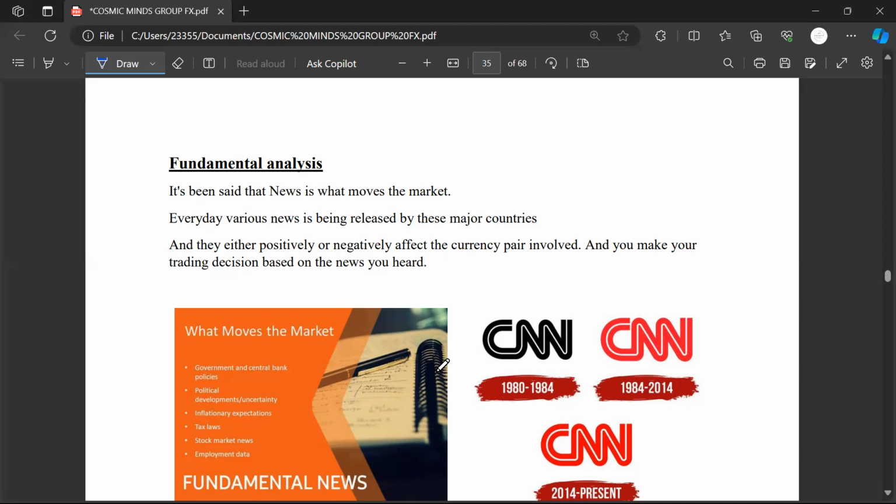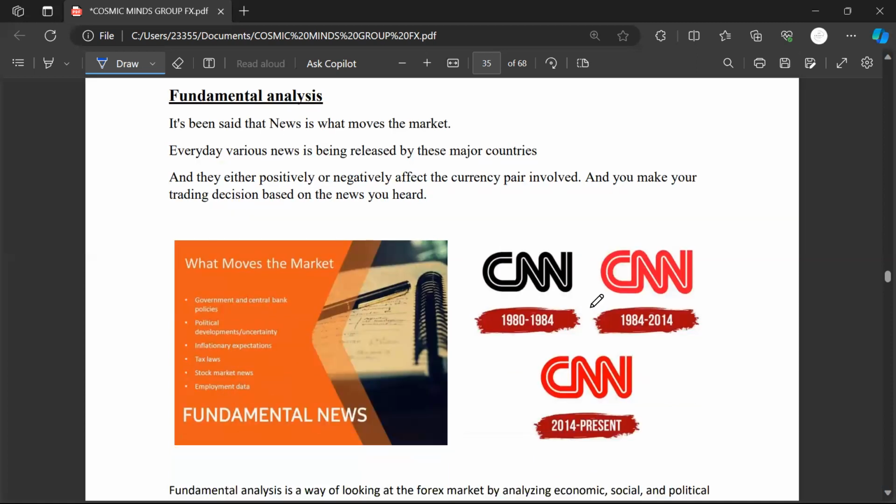Now every day, various news is being released by these major countries, and it either positively or negatively affects the currency pair involved, right? And you make your trading decision based on the news you heard. But I'm telling you that many a time it affects traders negatively because they are going to lose many a time. So that is it.